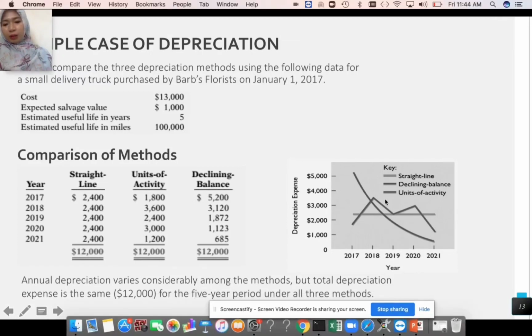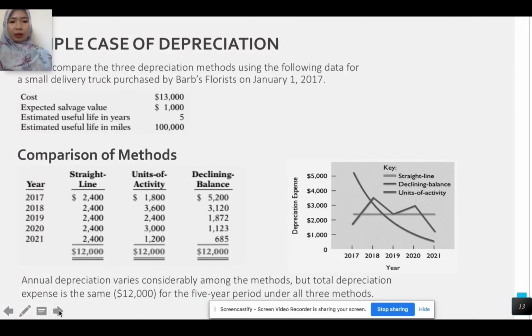Look at the graphic. If we use the straight line method, it will be constant, and if we use the other methods, it will look like this. Next slide is the exercise.